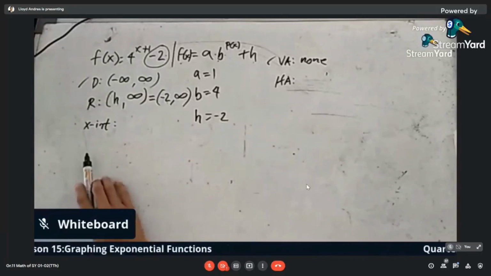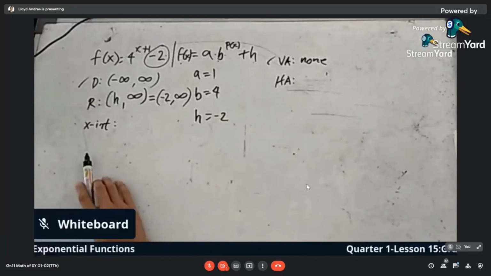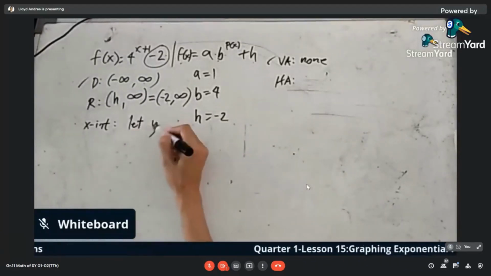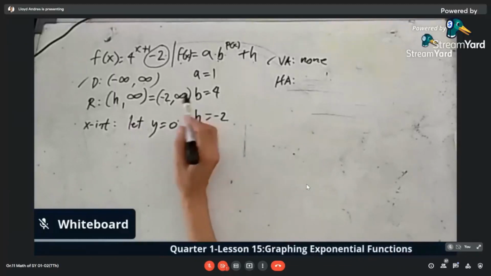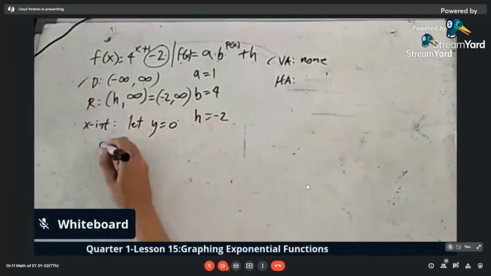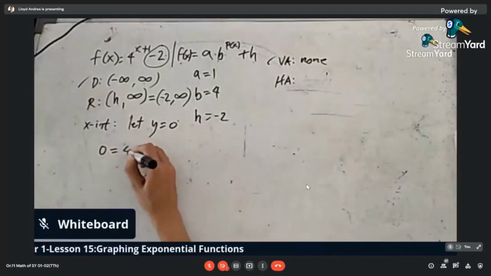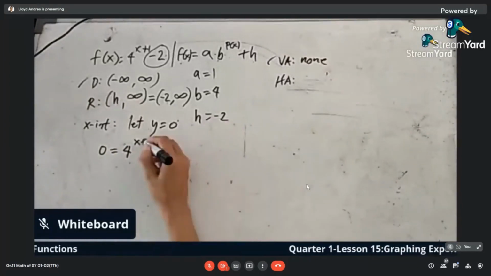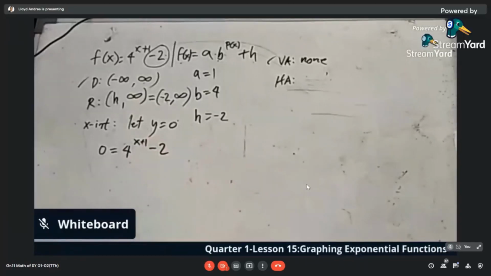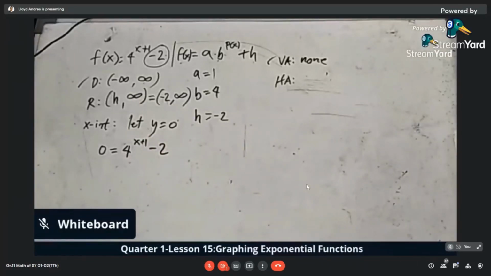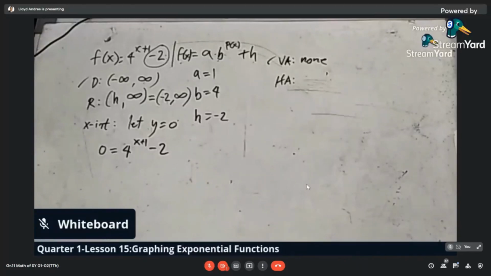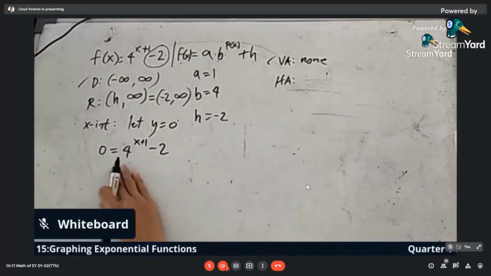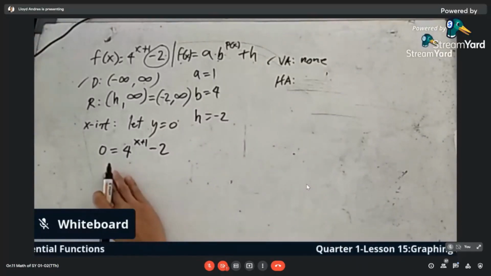Okay, for the x-intercept, how to solve for the x-intercept? Again, we let y equals to 0. And f of x is y, so that is 0 equals 4 to the x plus 1 minus 2. Isolve nato kung unsaon pag-solve og exponential equation. Gamiton na ito ang skill.